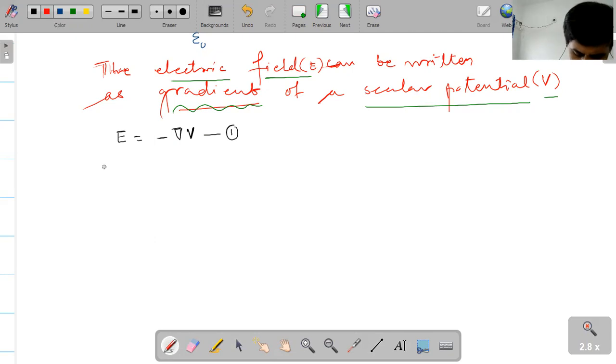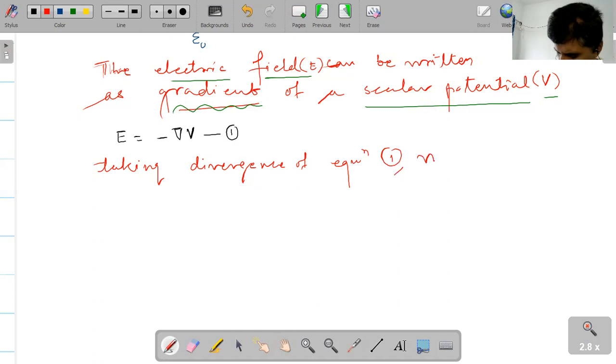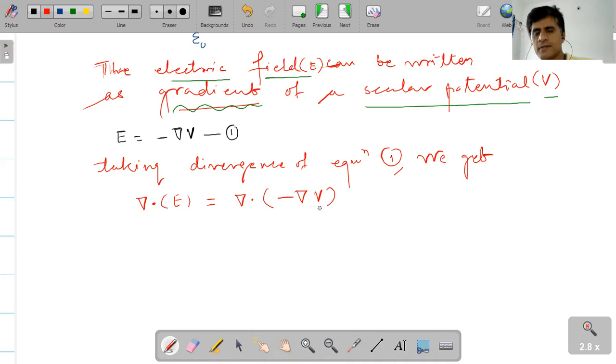Taking the divergence of equation 1, we can write divergence of E is equal to divergence of minus gradient of V. Understood up to this level, dear students?